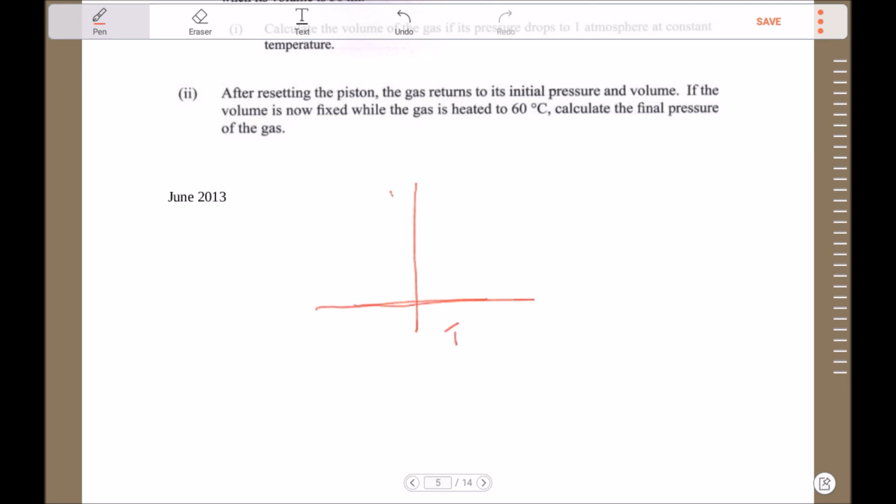Temperature, volume, with negative 273 degrees, that's 0. So this is absolute 0. So the graph would look something like that, and it'll explain how we got that graph.